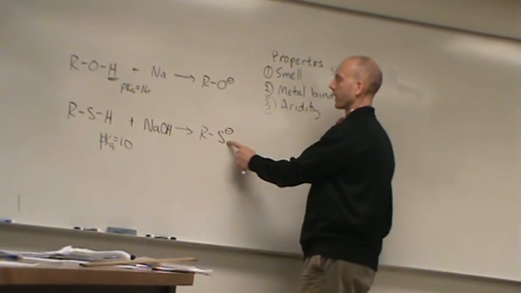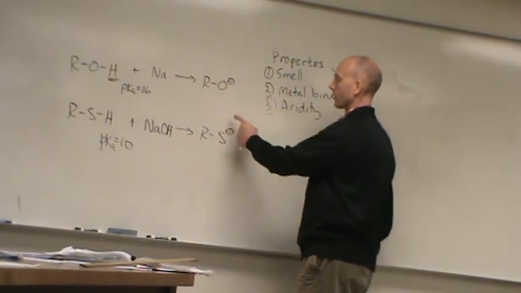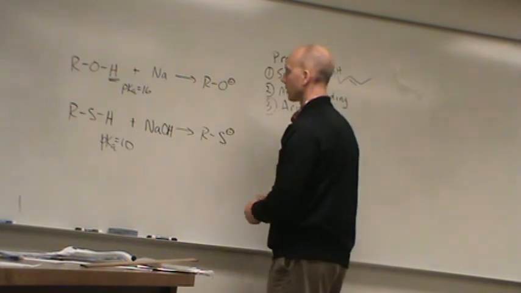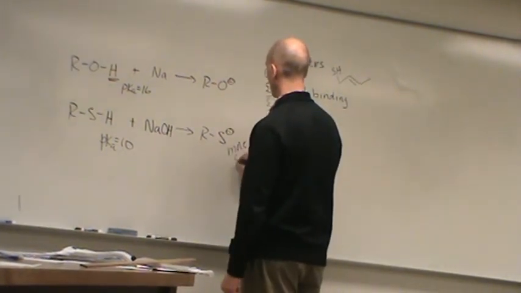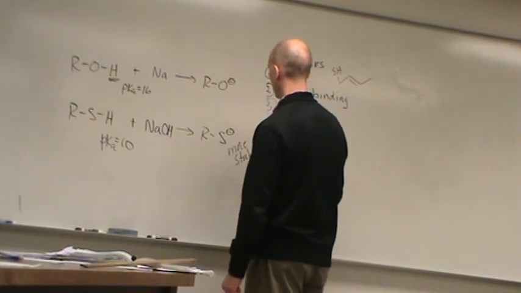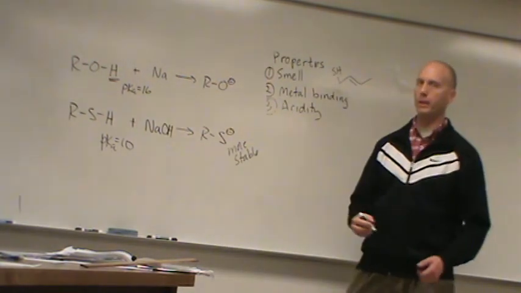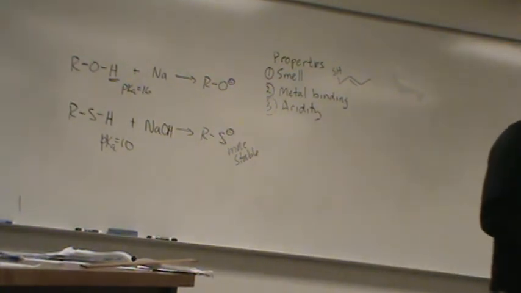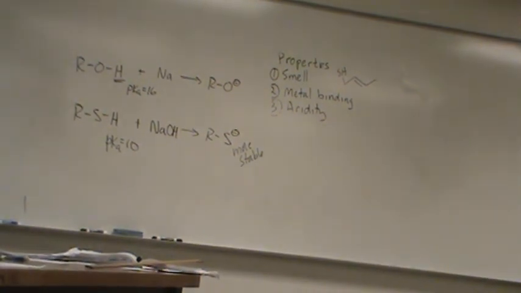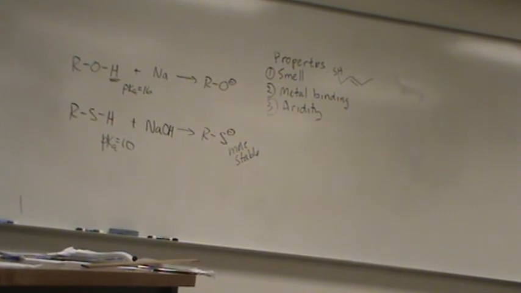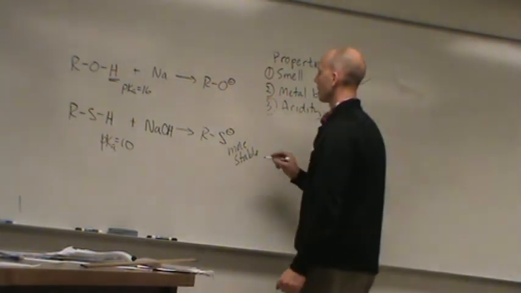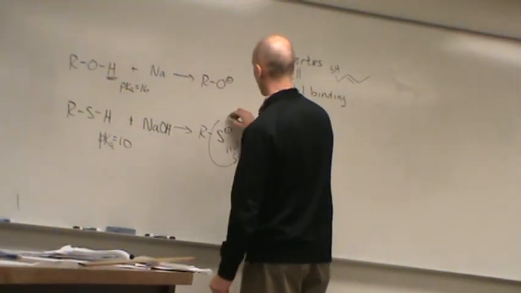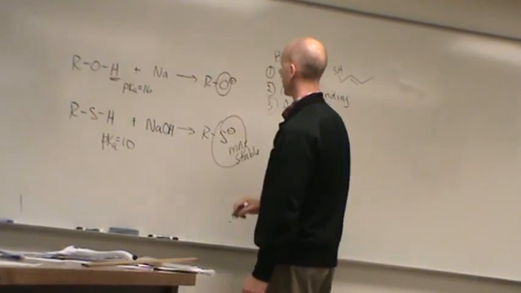So this conjugate base must be what compared to that one? More stable. Why is that conjugate base more stable than the top one? Larger. Okay. So you're comparing sulfur to oxygen. Sulfur is a much bigger atom than oxygen.